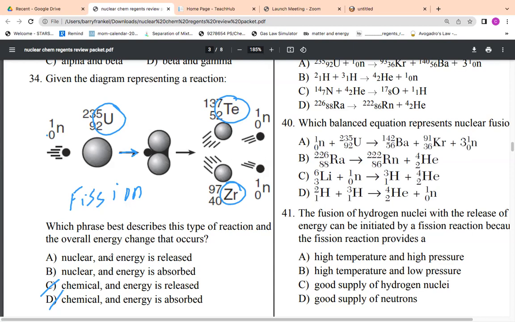So this is nuclear. And we know that fission and fusion are 2 reactions that produce immense amounts of energy. So we would always see energy on this side of the arrow. Energy is one of the products of a fission or fusion reaction. So energy is not being absorbed, but energy is being released. And if it's a fission or fusion reaction, a ton of energy is being released, especially in comparison to chemical reactions.